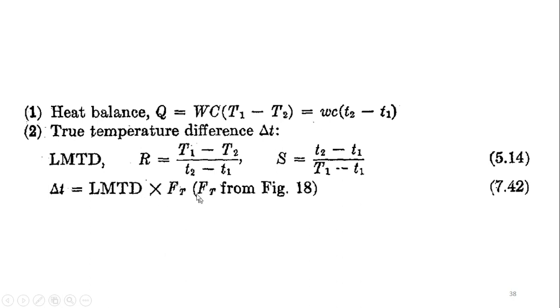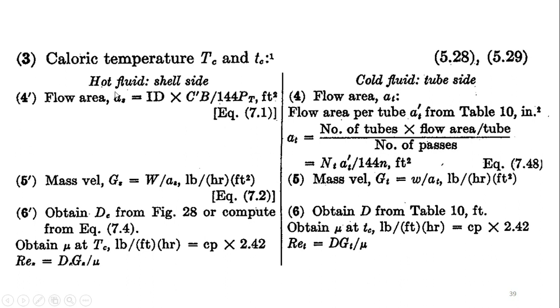For the LMTD, there is a correction factor for the determination of the true temperature difference. Then there is the caloric temperature for the hot stream as well as the cold stream, after which you have to allocate the hot fluid and the cold fluid to either the shell side or the tube side, depending upon the points already discussed for the allocation of the streams.